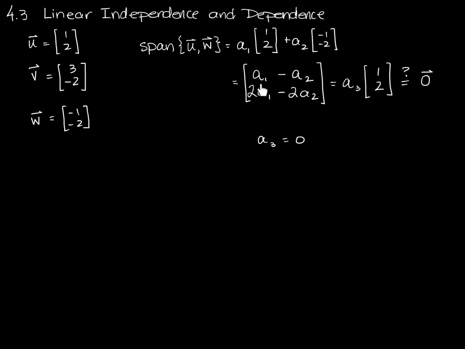In fact, I think it was a3 and a4, and I called it a5, but you get the idea. I'm calling the difference of these two real numbers this real number, and I'm factoring that out. This would be 1 times a3, and this would be 2 times a3. So if a3 is 0, then a1 minus a2 is 0.